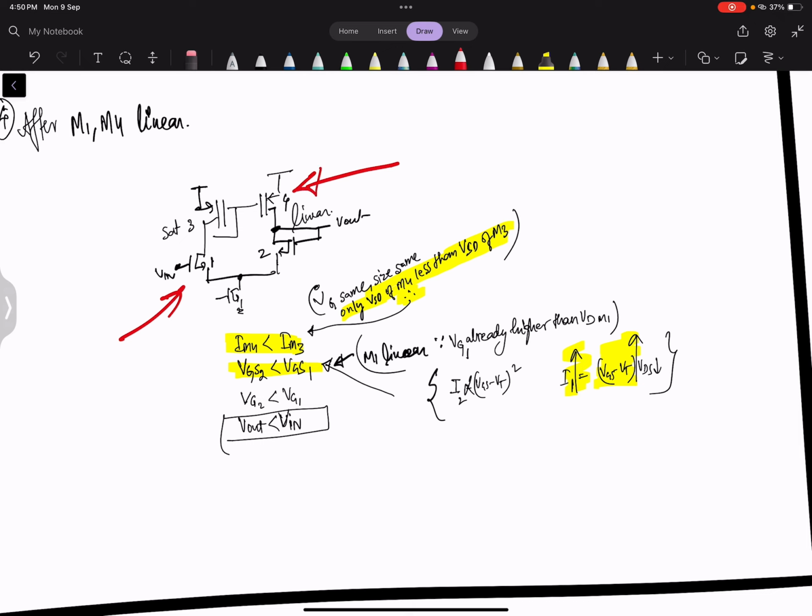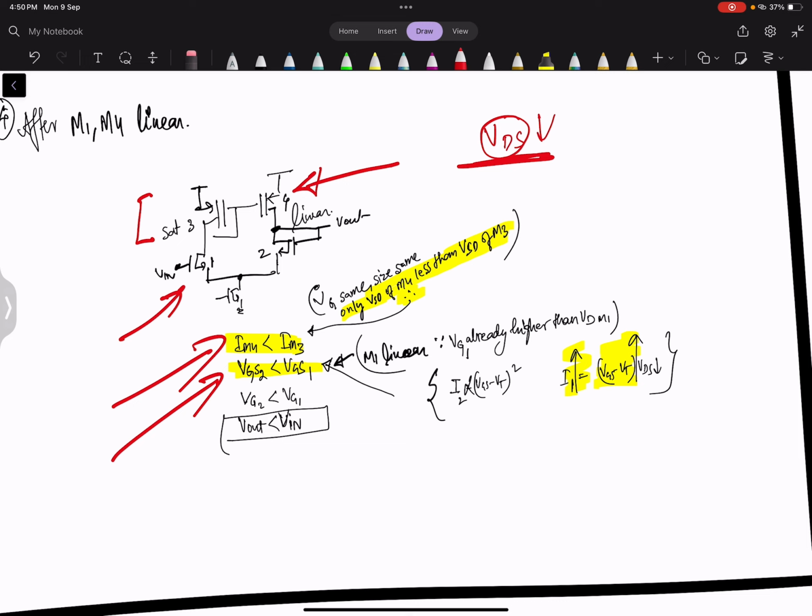Linear means VDS is low. So the VDS of M3 and M4, since M4 VDS is low, current in M4 is less. Simple. So what does it mean? If the current of M4 is low, VGS of M2 will be low.